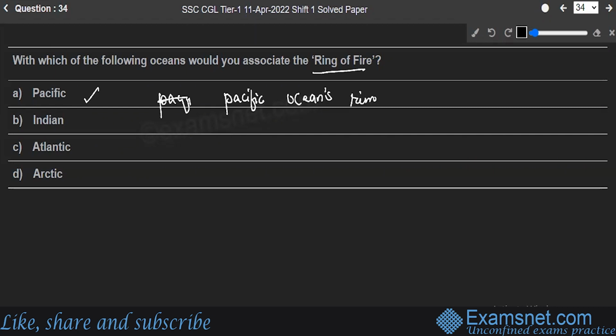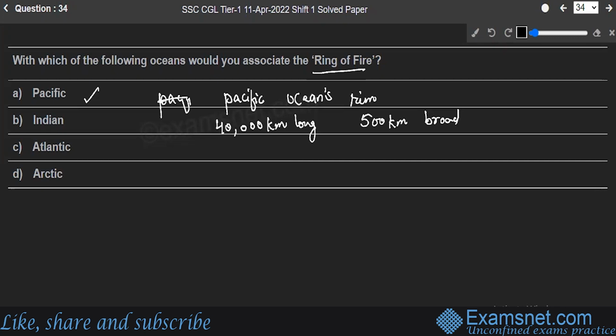The Ring of Fire is about 40,000 kilometers long and 500 kilometers broad. This is a horse-shaped ring. The Pacific coast of South America, North America, and Kamchatka, as well as certain islands in the Western Pacific Ocean, make up the Ring of Fire.